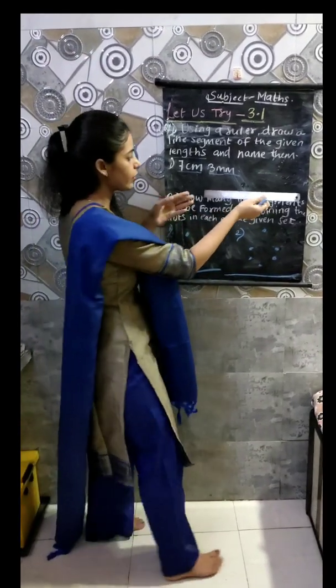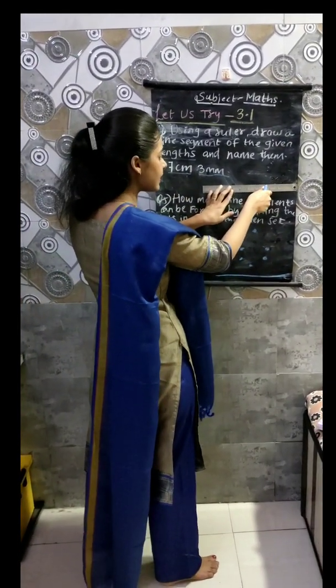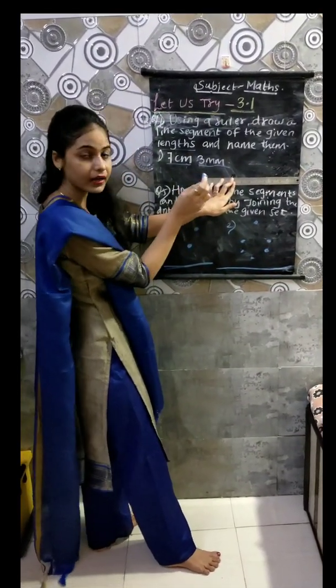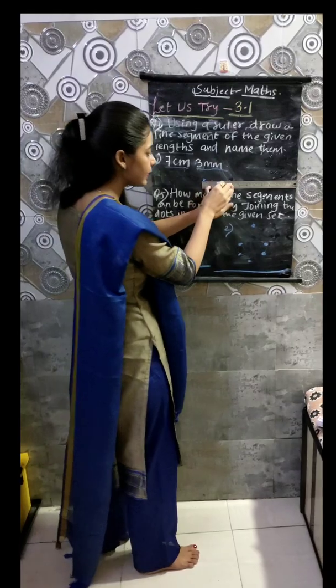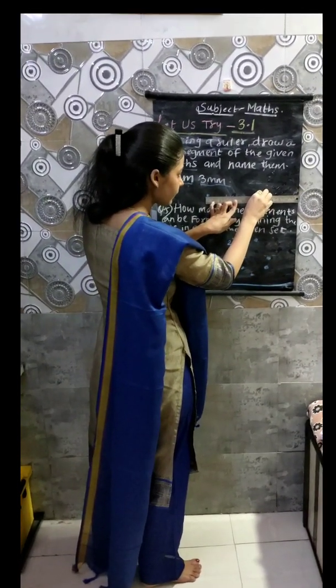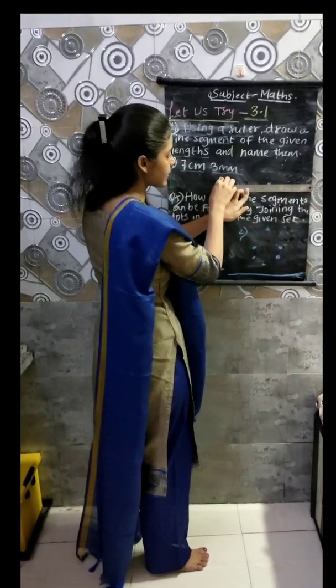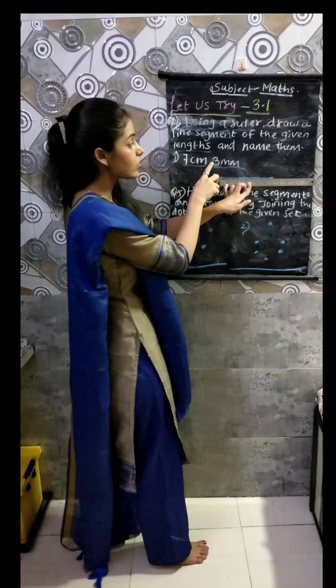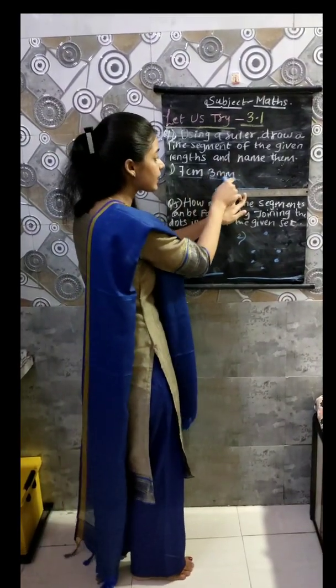So here we have to draw the 7 centimeter line. From number 1, you have to mark a dot and go till 7. Okay, till 7 here.